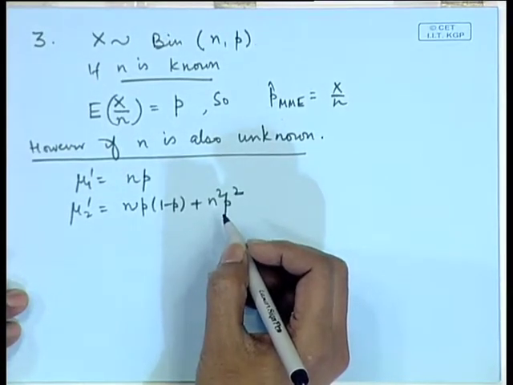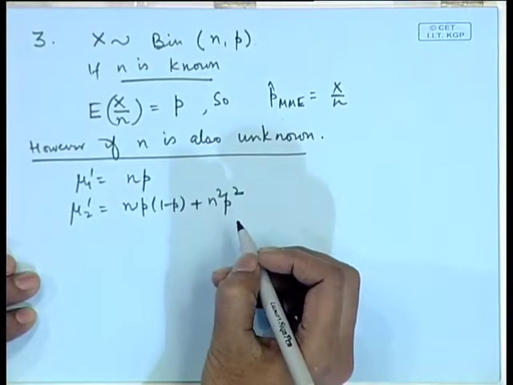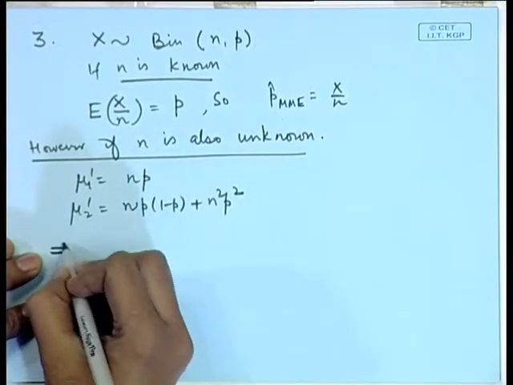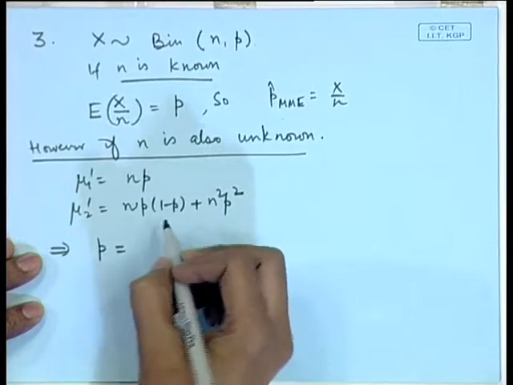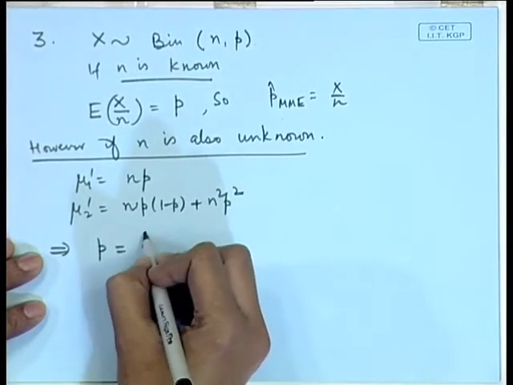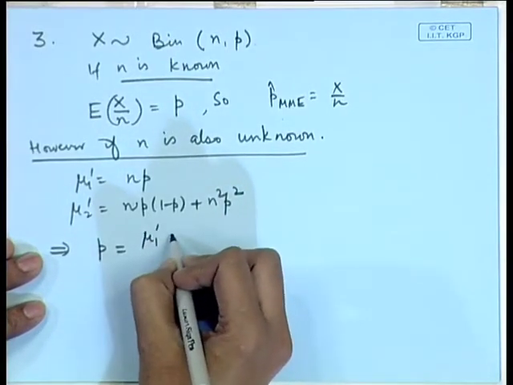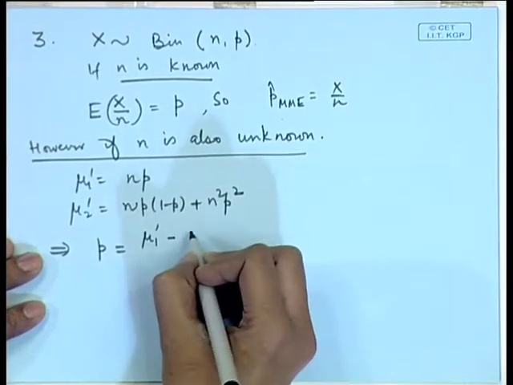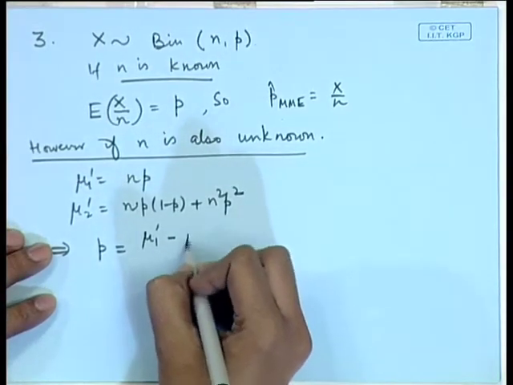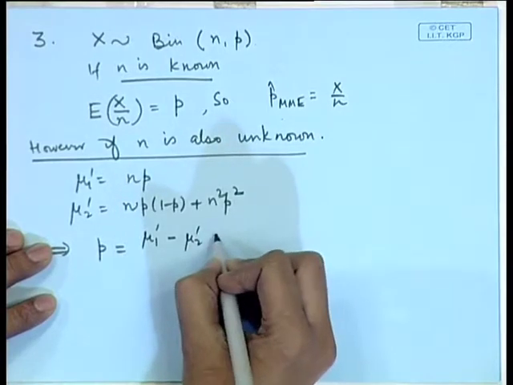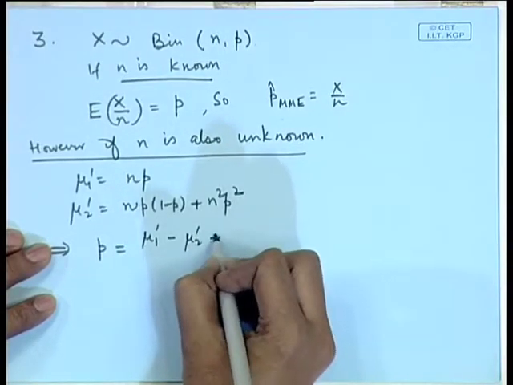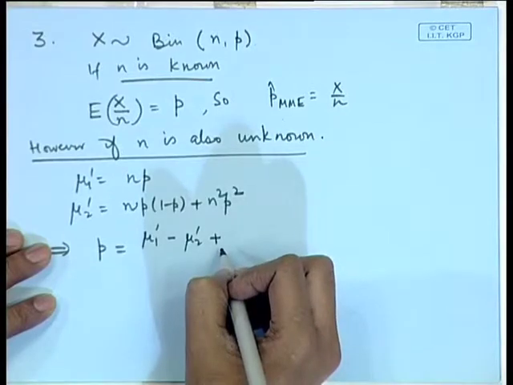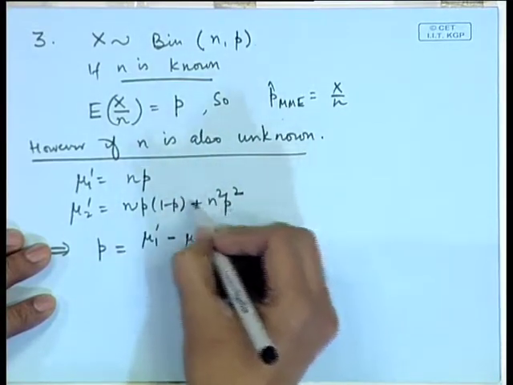We get here p is equal to mu 1 prime minus mu 2 prime plus... So, we may just write down the values here.